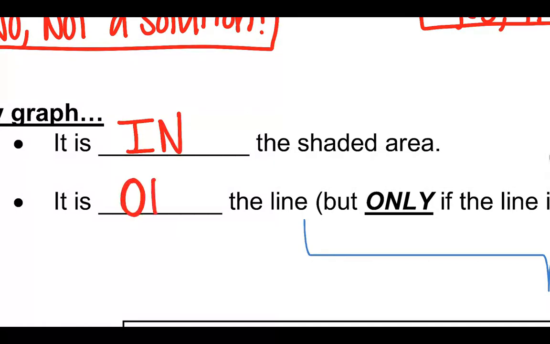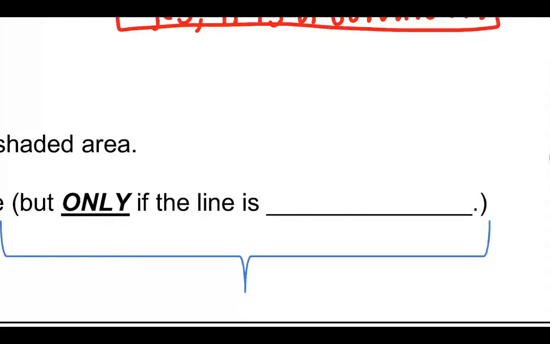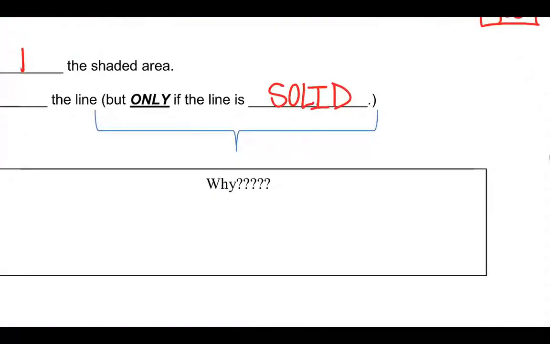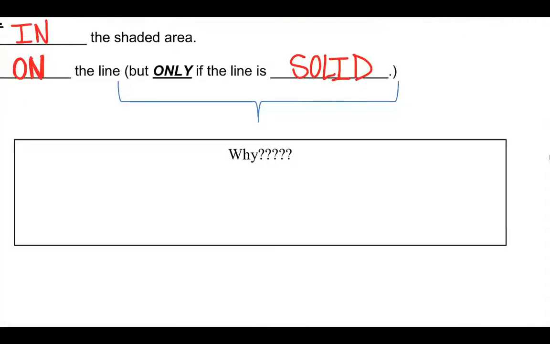It could also be on the line, but only if the line is solid. If it is a dashed line, this is a no-go. The only reason it's a solution is if it's anywhere in the shaded area, or if it's on a solid line, not a dashed line.